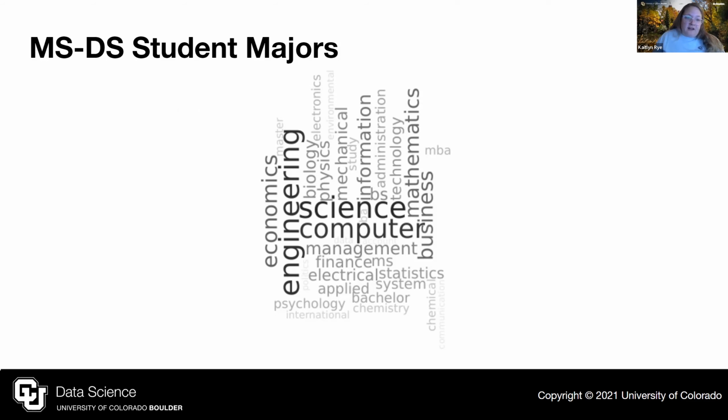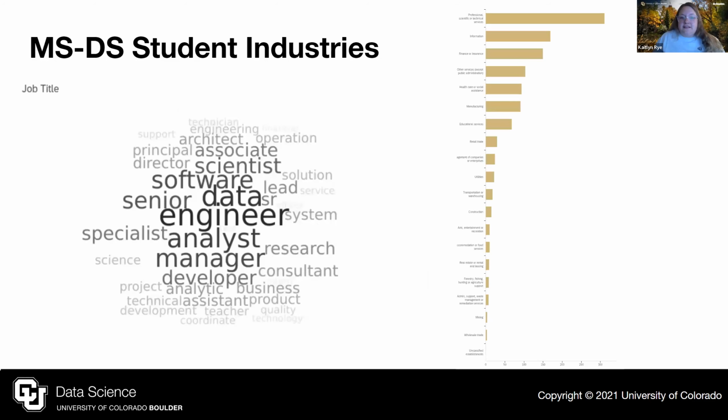Moving right along, these are the industries and the job titles that our students come from. Some have data science, engineer and analyst positions, but we also have students who come from research or teaching or education, some kind of liberal arts background. I just wanted to point this out: if you're coming from a non-STEM background, you will have other students in the program who are also coming from non-STEM backgrounds.